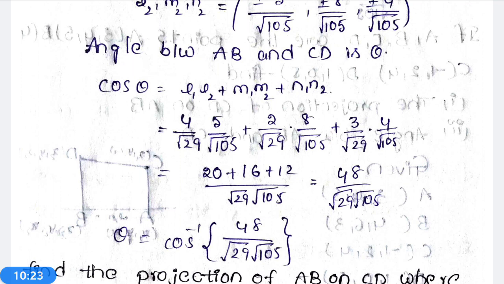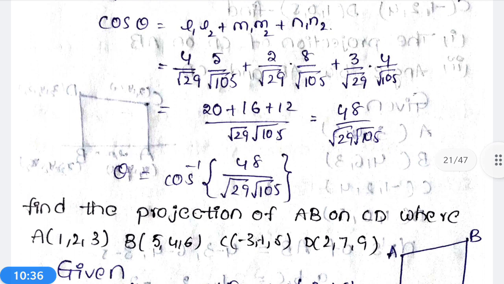Plus 4 by root 29 into 5 by root 105, plus 2 by root 29 into 8 by root 105, plus 3 by root 29 into 4 by root 105. Finally, it will give 48 by root 29 into 105. This implies theta is equal to cos inverse 48 by root 29 into root 105. This is the angle between the two lines.